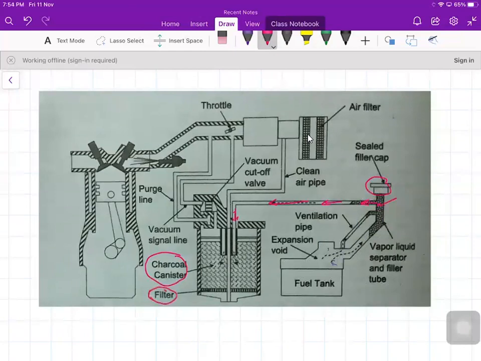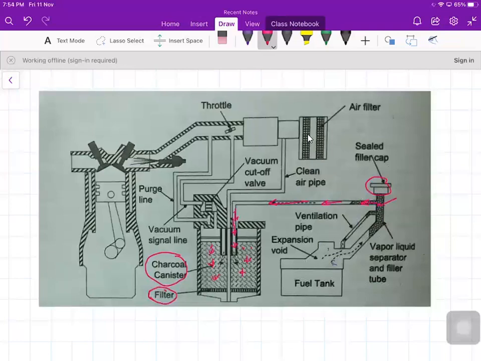Once the vapor enters the charcoal canister, it settles inside it. These charcoals have hydrocarbon absorption capacity.